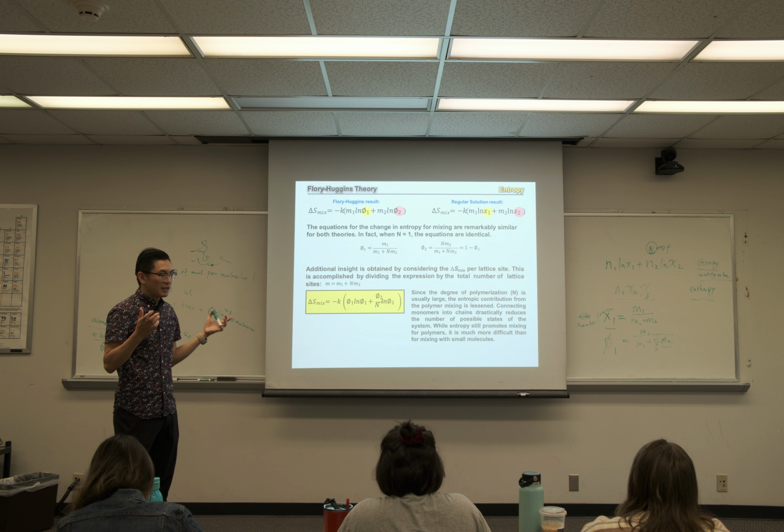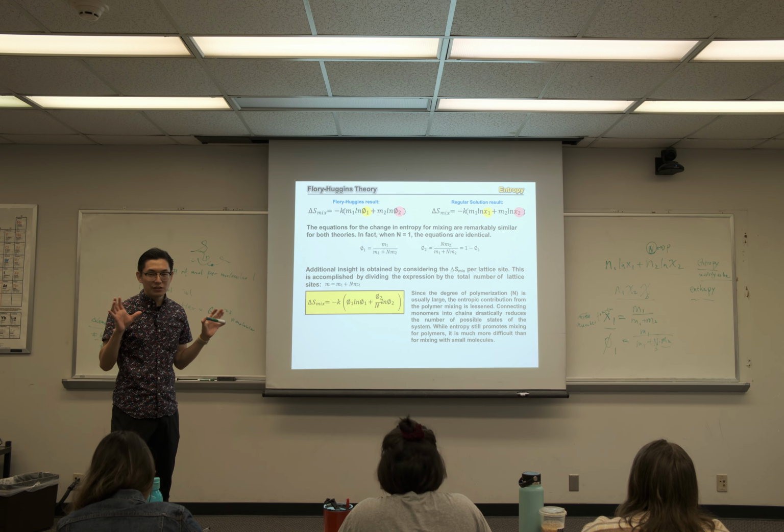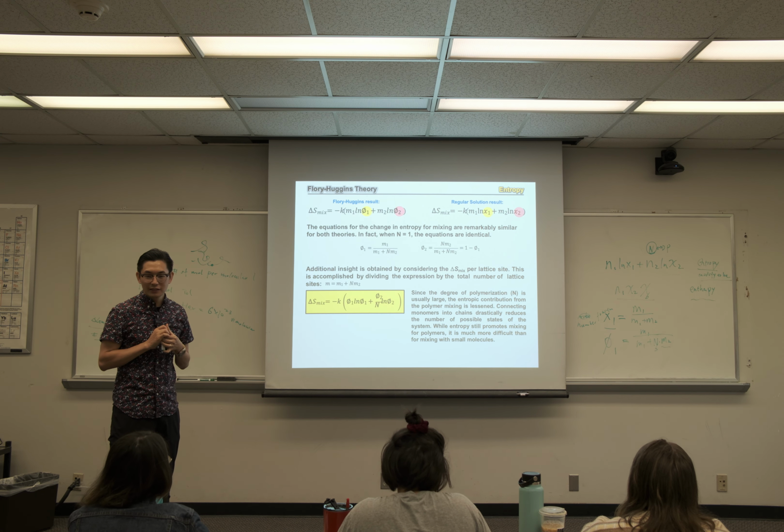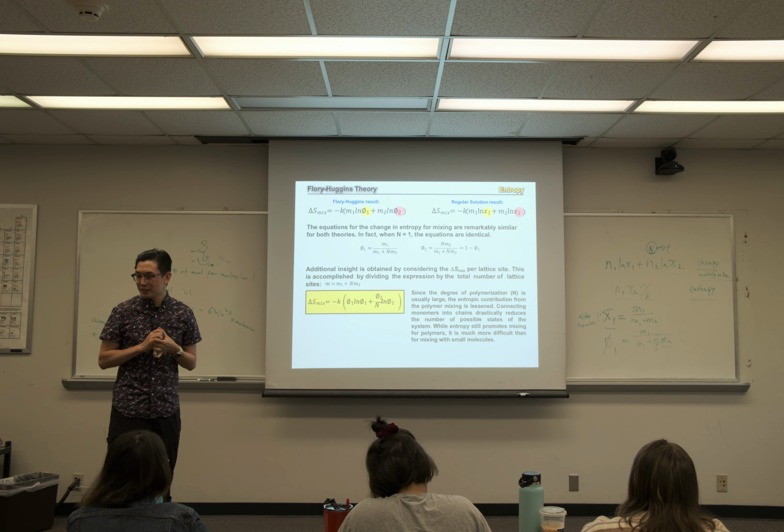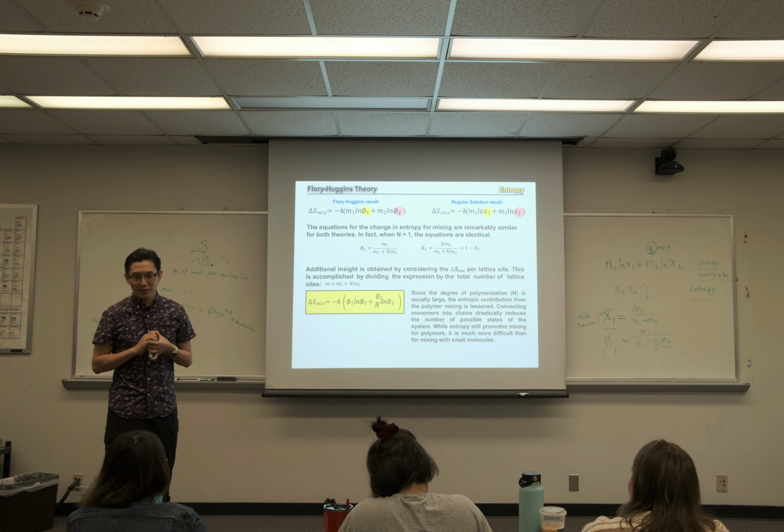So let me explain the physical meaning to you guys. You might be a bit lost because we go through all these phi 1's and phi 2's. In essence, think about mixing 1 mole of toluene with 1 mole of polystyrene. Let's use this example.